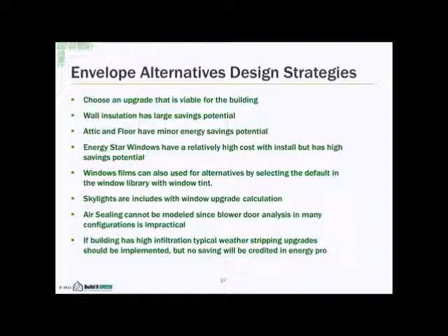So unless you're changing the HVAC systems out, you're not going to see huge improvements like with the wall insulation. The attic and the floor have relatively minor energy savings, somewhere between 5 to 7%. The wall insulation is around 15 to 20%. That's just what I've seen. Your buildings will vary.